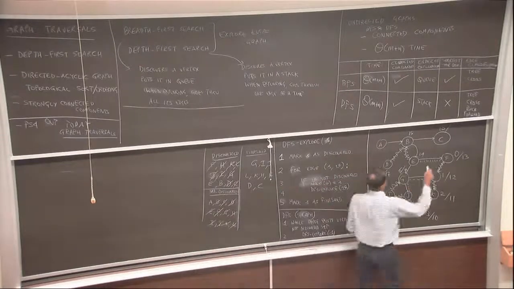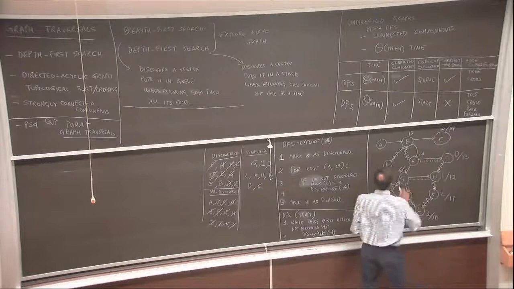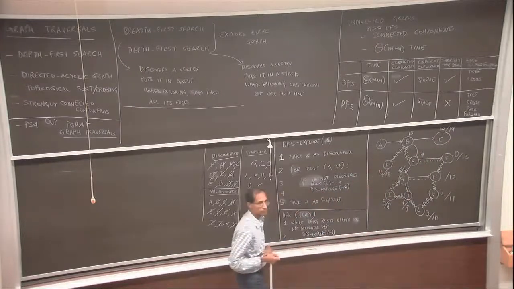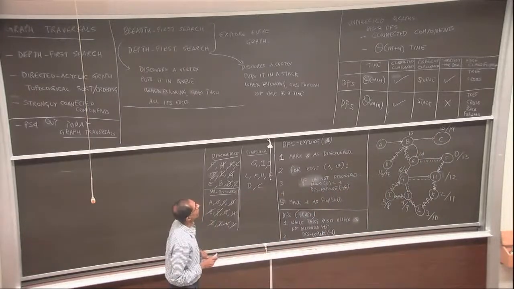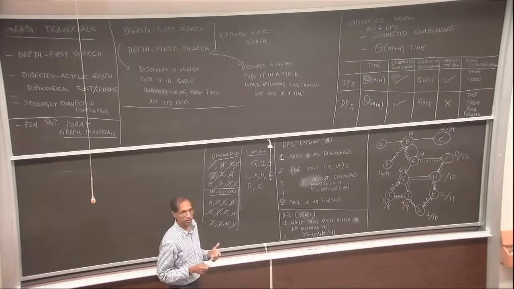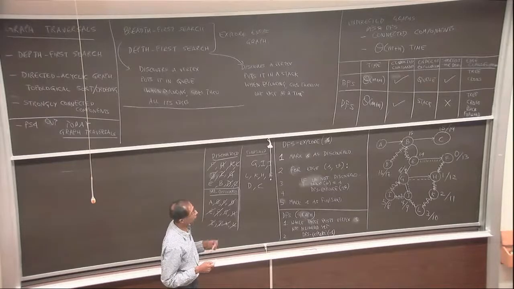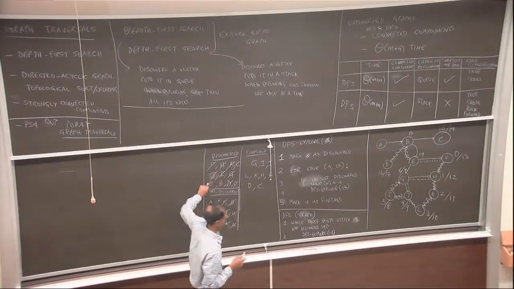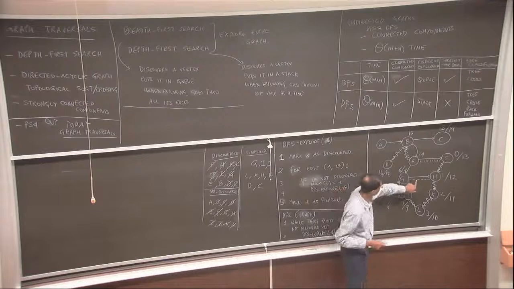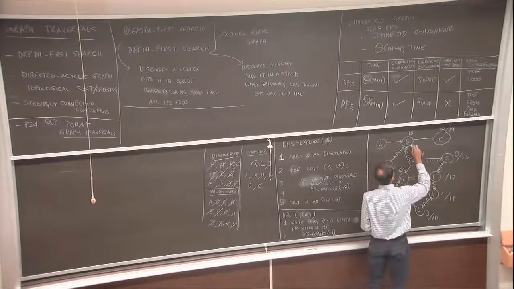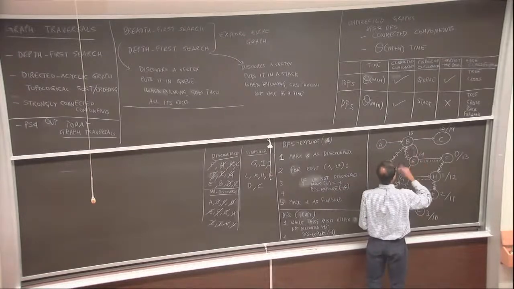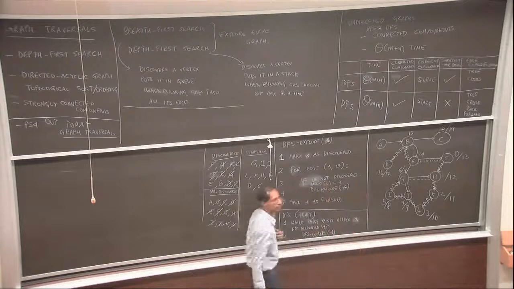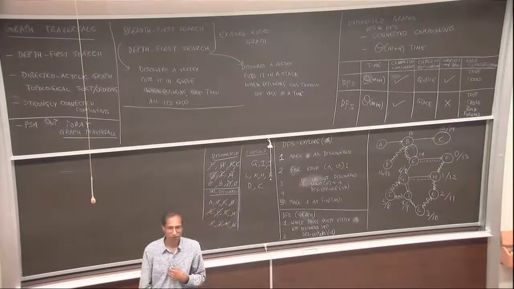And we arrive back to B. Then does B have any more edges? Yes, it has an edge to E. Now E has been discovered but not yet finished. So this is of the same variety as this.